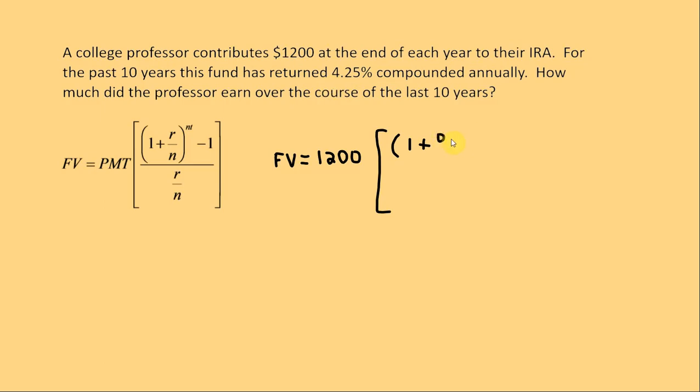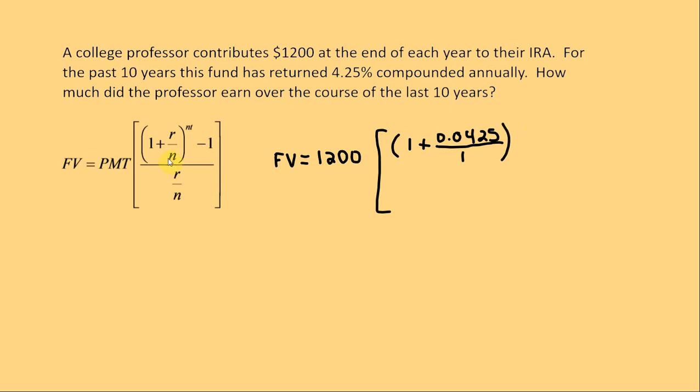So that would give us 0.0425. That's over the number of pay periods per year. So since he's doing this annually, that just means once a year. And then we're going to raise it to the N times T power.